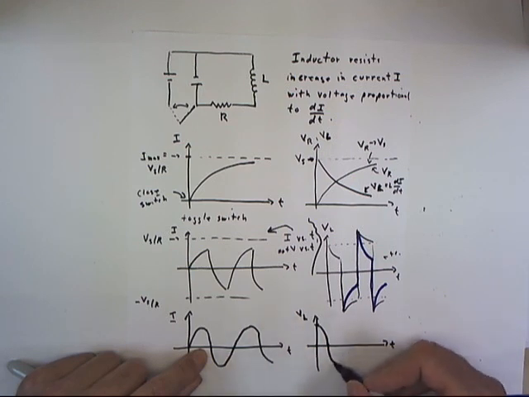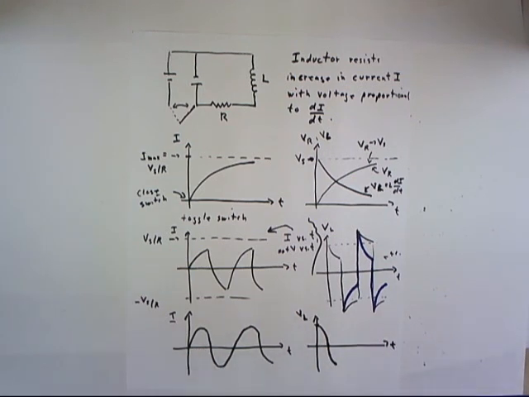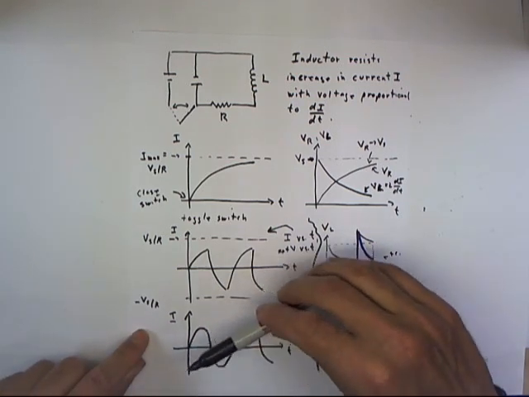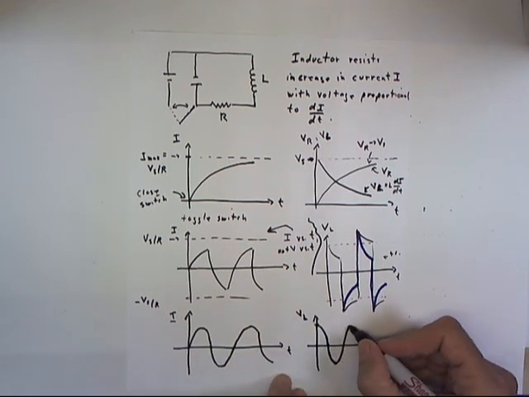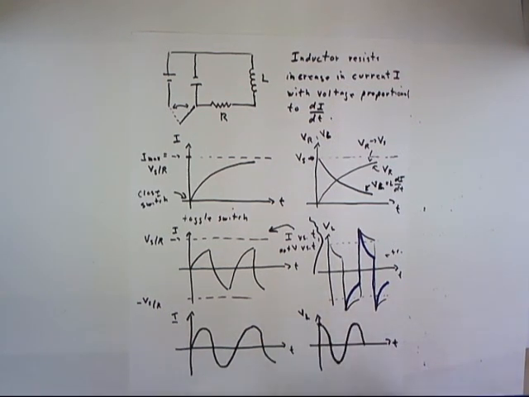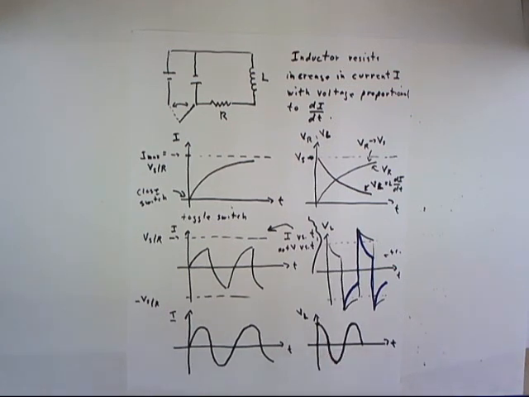And if you reason out the way these slopes change, that's the way your voltages change, and you're going to end up with a graph like this where your voltage is 90 degrees out of phase with the current, a quarter cycle out of phase, so that the current is 90 degrees out of phase behind the voltage.